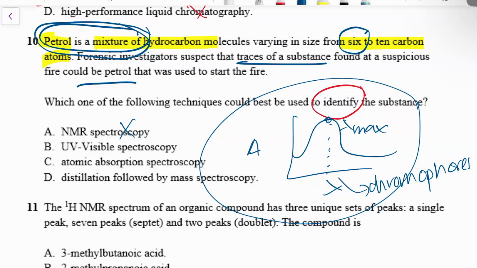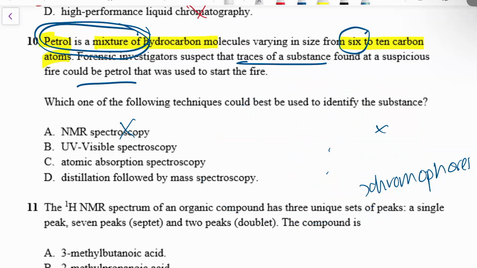We want something that allows us to see that the substance is that mixture. UV-Vis will allow us to identify what chromophore is there, which is good. You can get information from both, and it might help us figure out what the hydrocarbon is, but we want something that confirms that it's a mixture of hydrocarbons that was being used.